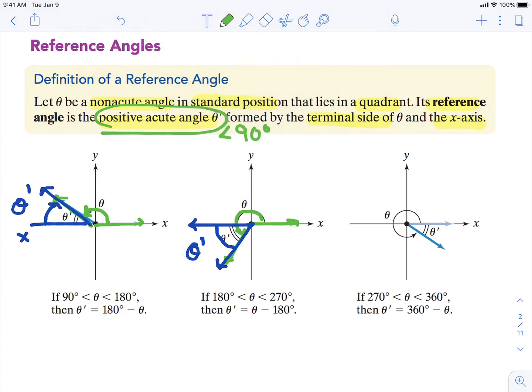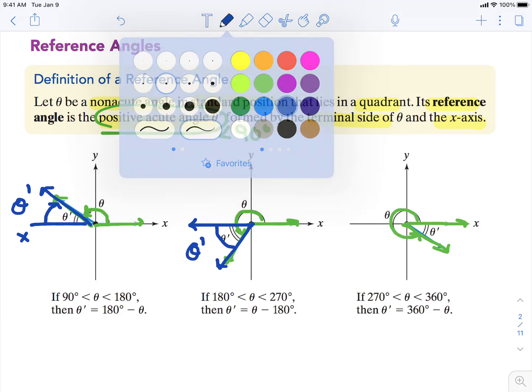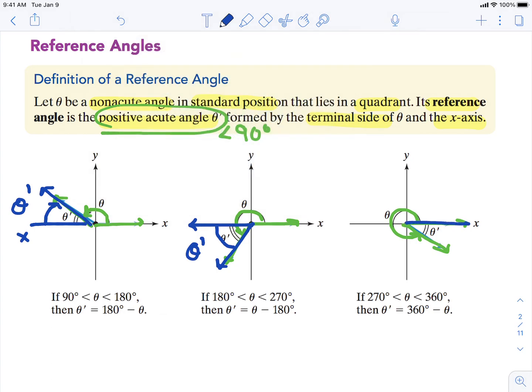Last one, initial side and terminal side, and this is our angle theta in the green. Our reference angle starts on the x-axis and goes to the terminal side. So that what's in the blue is your reference angle.